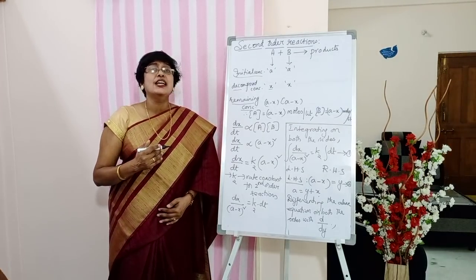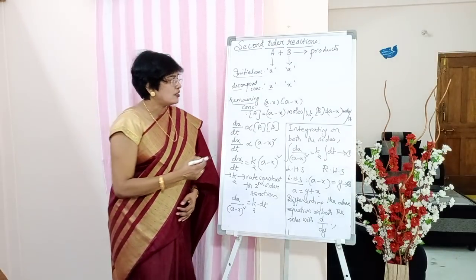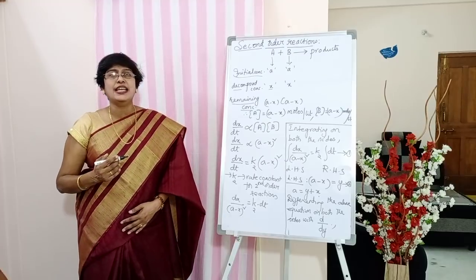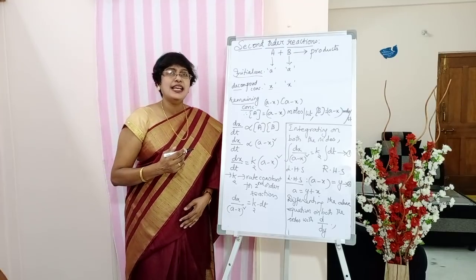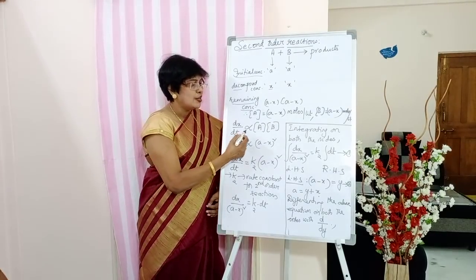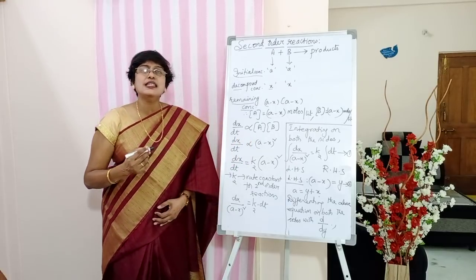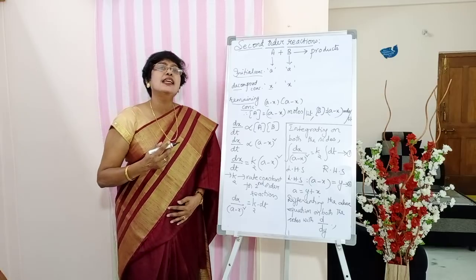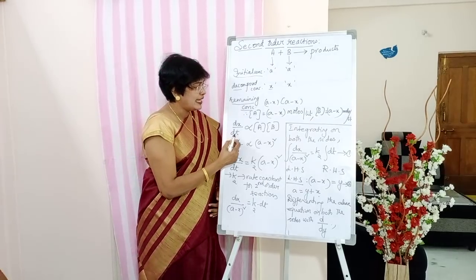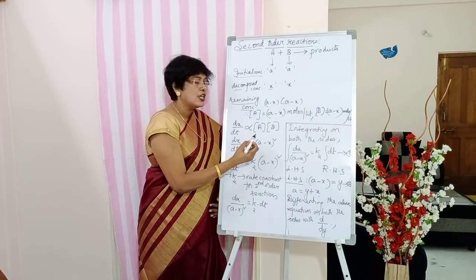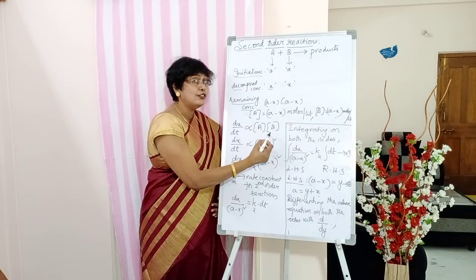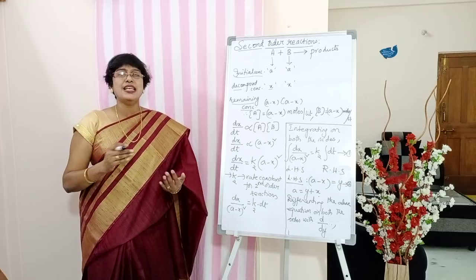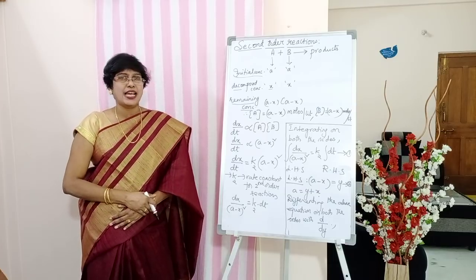We have written the rate expression. So rate expression of the reaction, how to write? dx by dt proportional to concentration of the reactants. What are the reactants here, students? A and B. Therefore, dx by dt proportional to concentration of A into concentration of B, because A and B are the reactants.